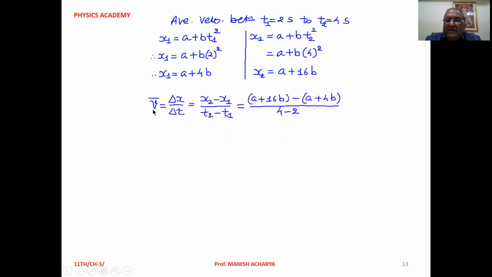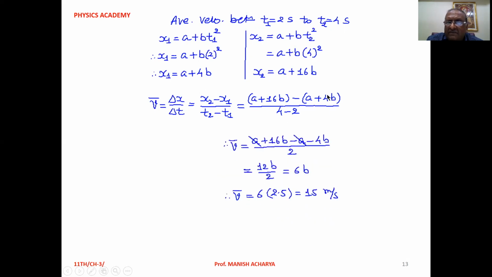Now, average velocity is delta x by delta t, delta x is x2 minus x1 upon delta t, that is t2 minus t1. Now x2, that is a plus 16b, substitute here. x1, that is a plus 4b, substitute here. And time interval t2 minus t1, that is 4 minus 2.